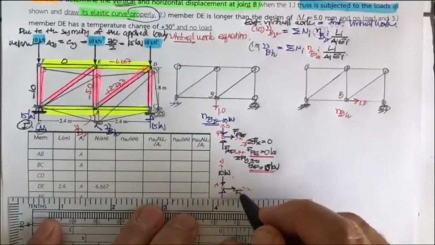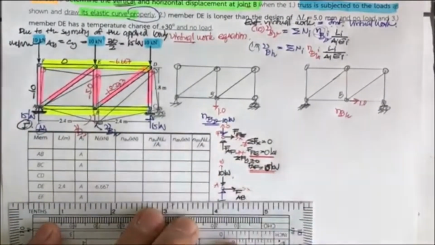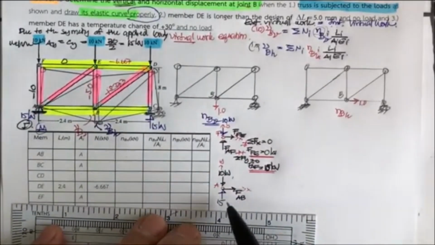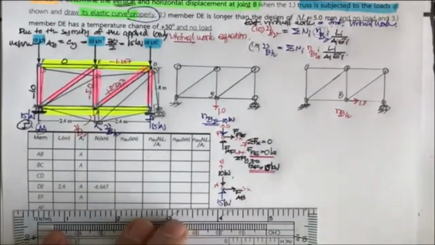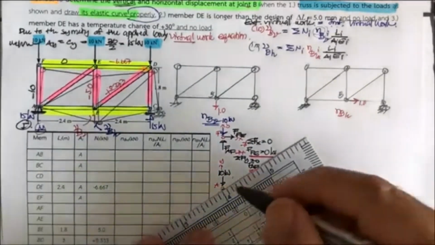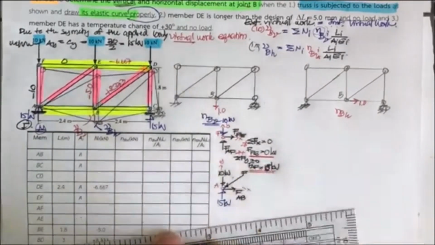We set that one up as this one, and it's going to be F sub AB. You can see the 15 kilonewton going up is larger than the 10 kilonewton. So the force here is going to be F sub AE.